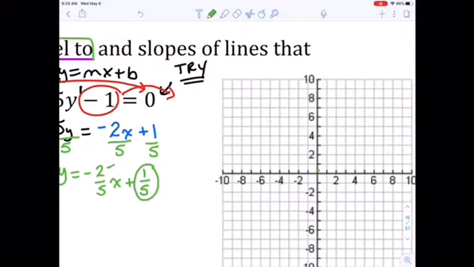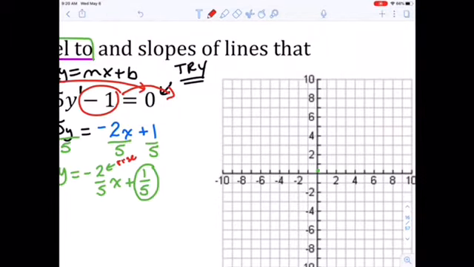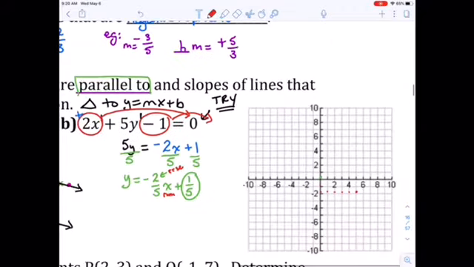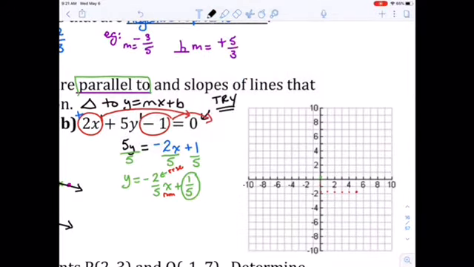Our slope is, right? Our rise here is a negative. So we're going down 2, and then we run 5. So down 2, 1, 2, 3, right? Down 2, 1, 2, 3, 4, 5. So we're not right on the grid. So that's not a perfectly nice line to draw, is it? But that's okay. Not the end of the world.